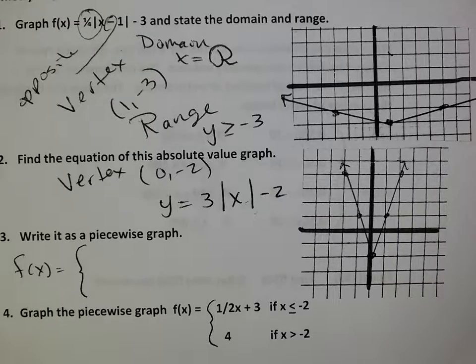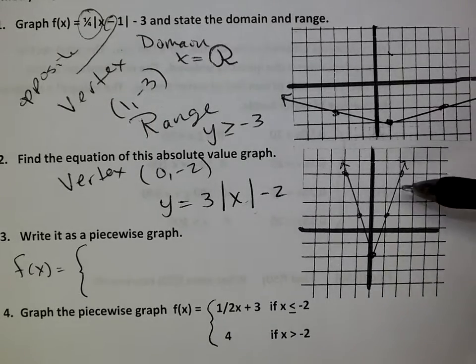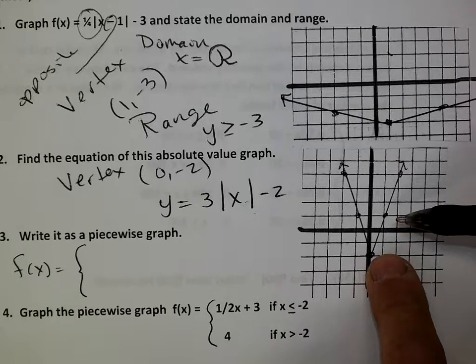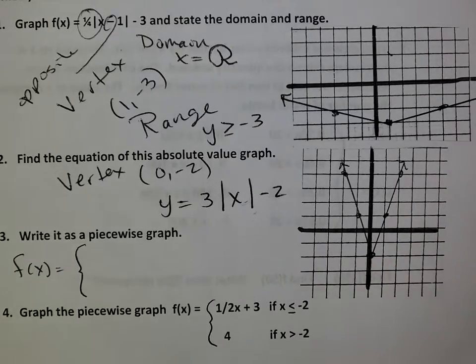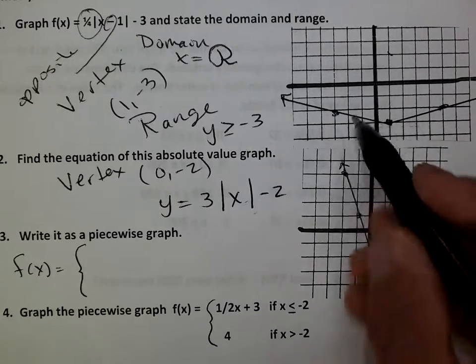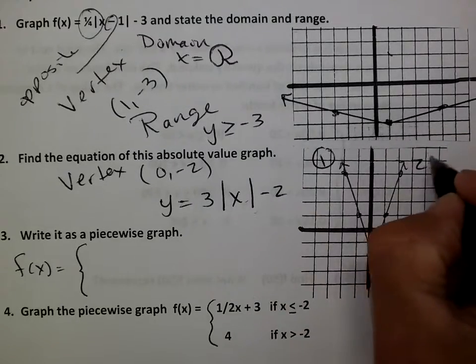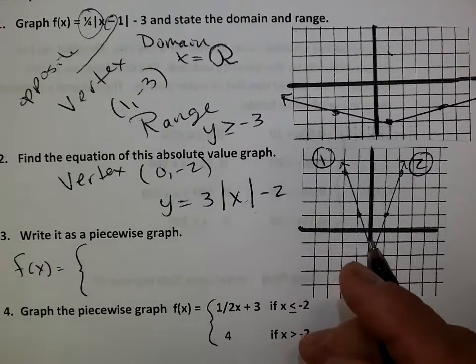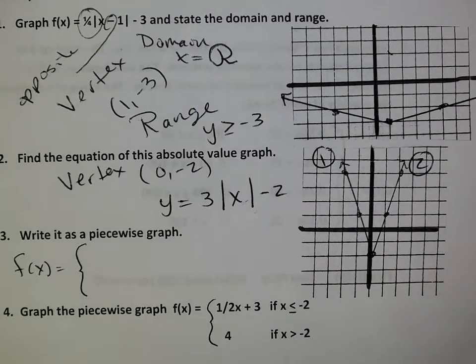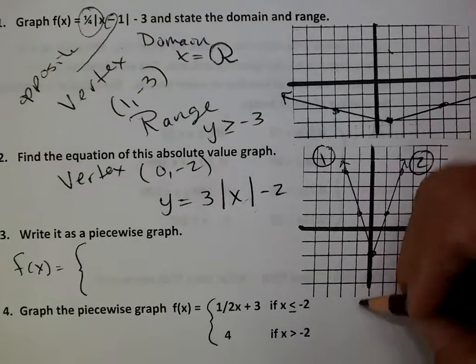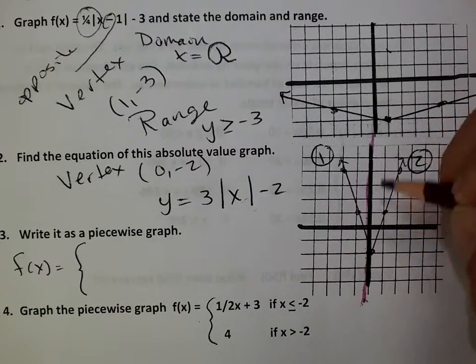Now, can we write this absolute value as a piecewise? Because really, technically, there are two parts of the graph, right? There's equation 1 and equation 2. They both connect, so we've got our borderline. They both connect at 0, don't they?